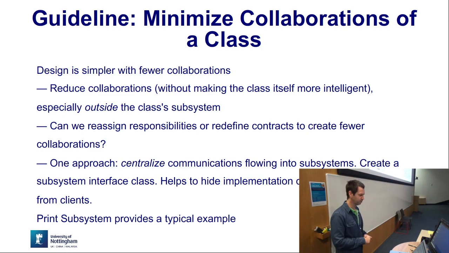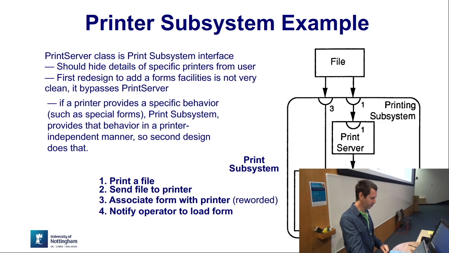Here's an example. This is the printing example. So here we have a file and we want to print it, right? But we should hide the details of specific printers from the user. We know here at the university you can send a file to print and you can pick it up at different printers.